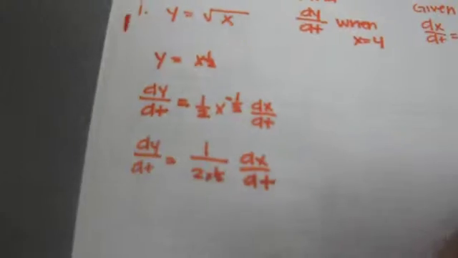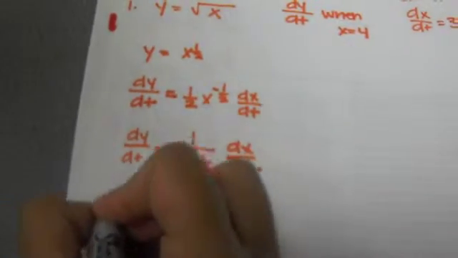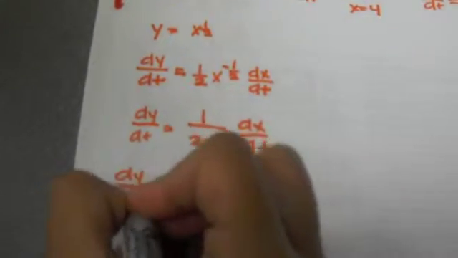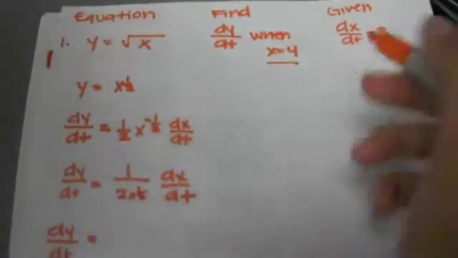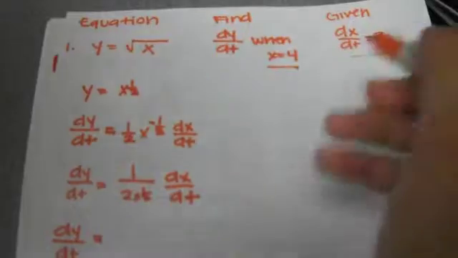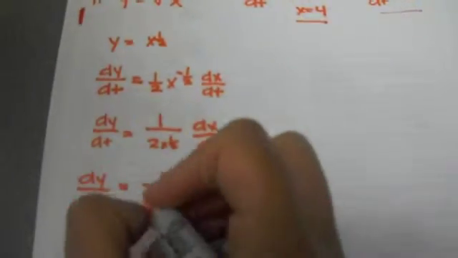And now we're ready to substitute. We say that x is equal to 4 and dx over dt is equal to 3. So we just substitute those values in there.